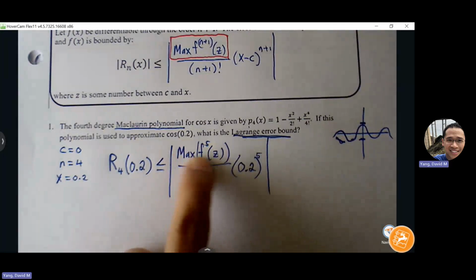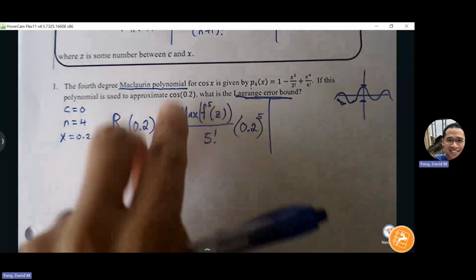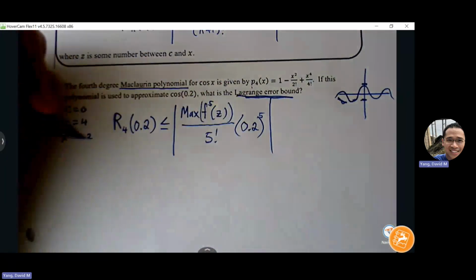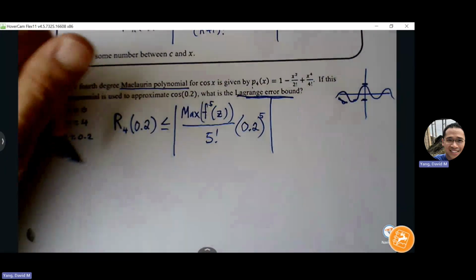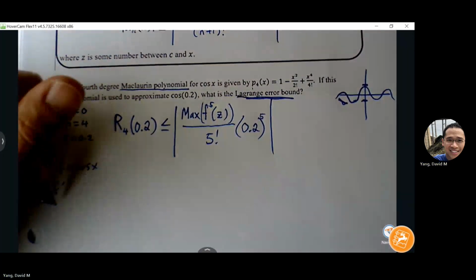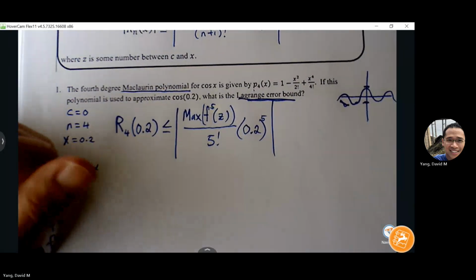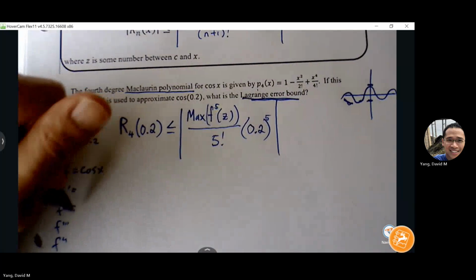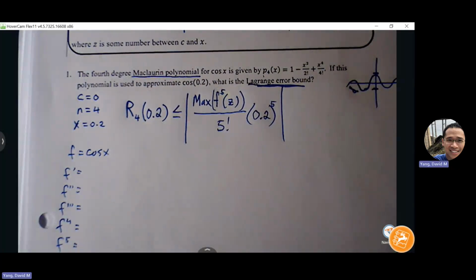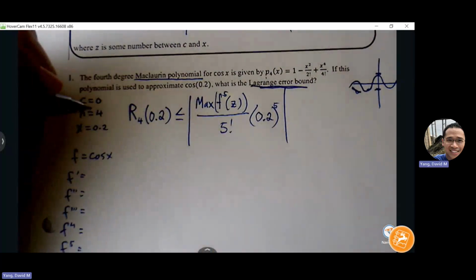Okay, so everything's in front of us. We just have to figure out what to do here. Now, we kind of already know it's going to be 1 and -1, or 1, because we're doing absolute value here. But let's just talk for a moment. Let's say we want to make our way down to the fifth derivative. Okay, so our function is cosine. Right, ultimately, it may not matter in this case because we know sine and cosine will have a safe upper bound of 1. But let's just go through this process here.